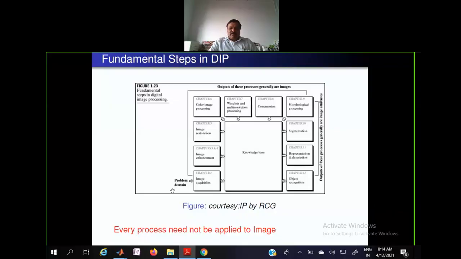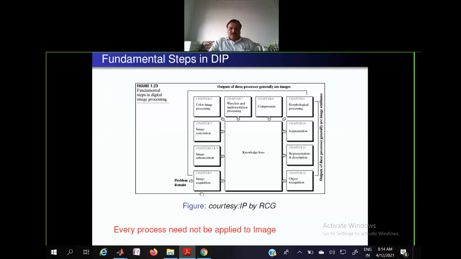The input is a video captured at a particular position, maybe at the entrance of the SIT main gate. Vehicles are entering, and your job is to recognize the license plate number and decide whether it is a known vehicle or an unknown vehicle entering the campus. This is the problem domain.